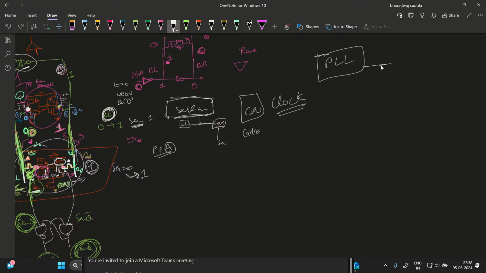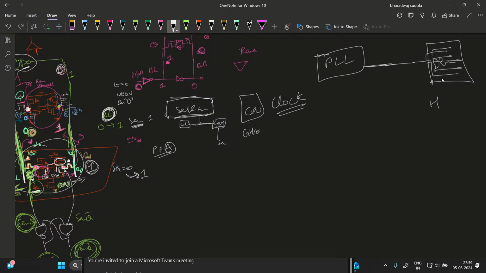If I want to give this clock to this entire SRAM and route it using some H tree or other clock tree synthesis, this will become very hectic.